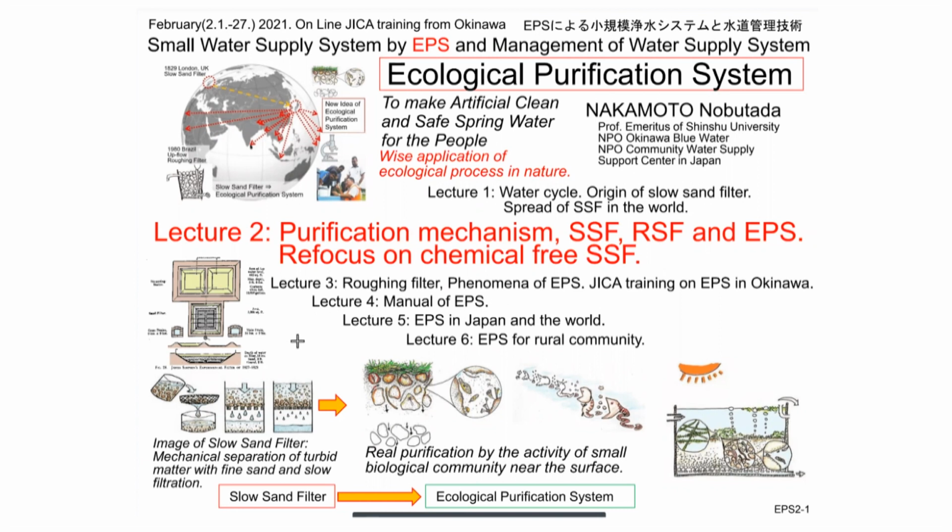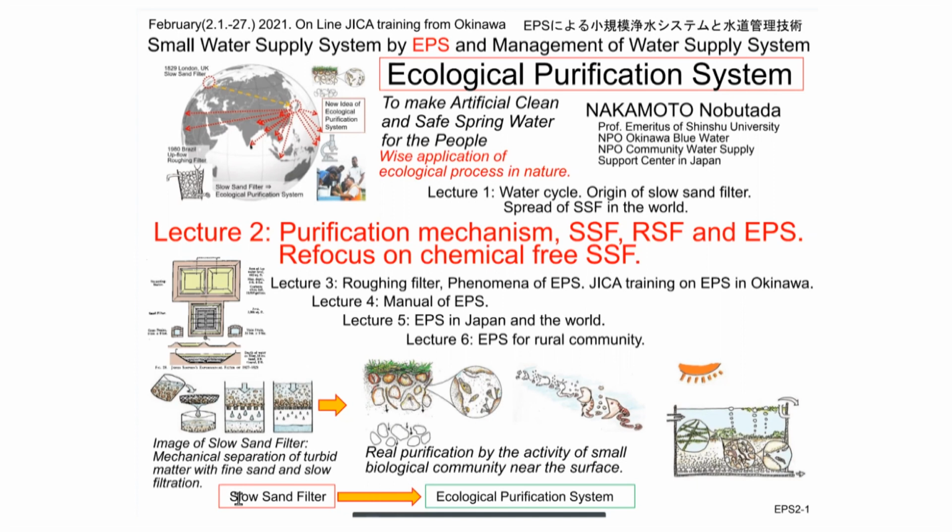Yesterday I mentioned that the slow sand filter was completed in London in 1829. At that time, the slow sand filter was imagined as mechanical separation of turbid matter with fine sand and slow filtration.